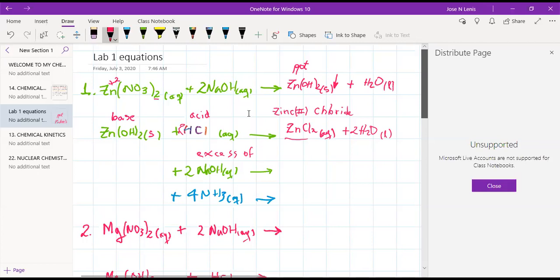We added more. In the first step, we had the nitrate, we added the hydroxide, and we get the hydroxide. Now we are going to add more hydroxide to that one. What do you expect to happen?